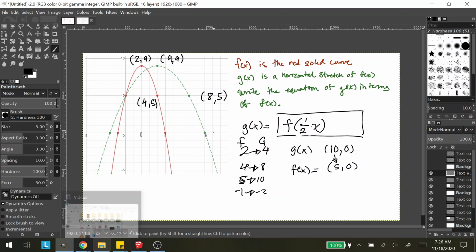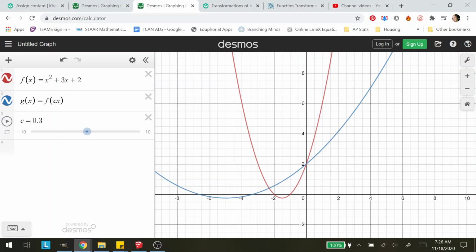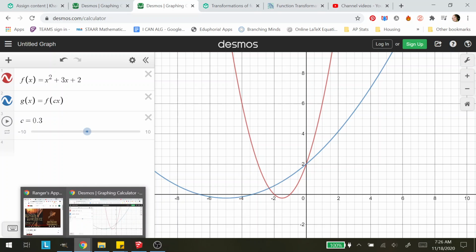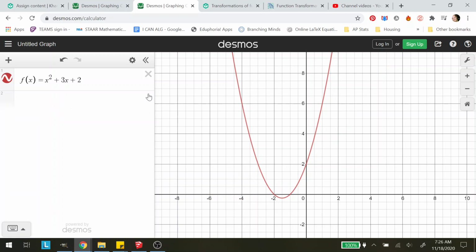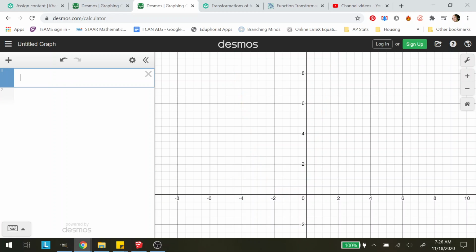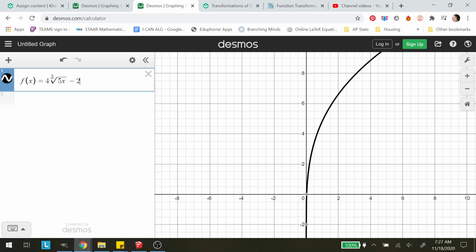I like to encourage you, when I'm doing these problems, I'm using Desmos like a crazy person. So let's put in an equation. They usually will give you an equation like, I don't know, 4 cubic root of 5x minus 2.